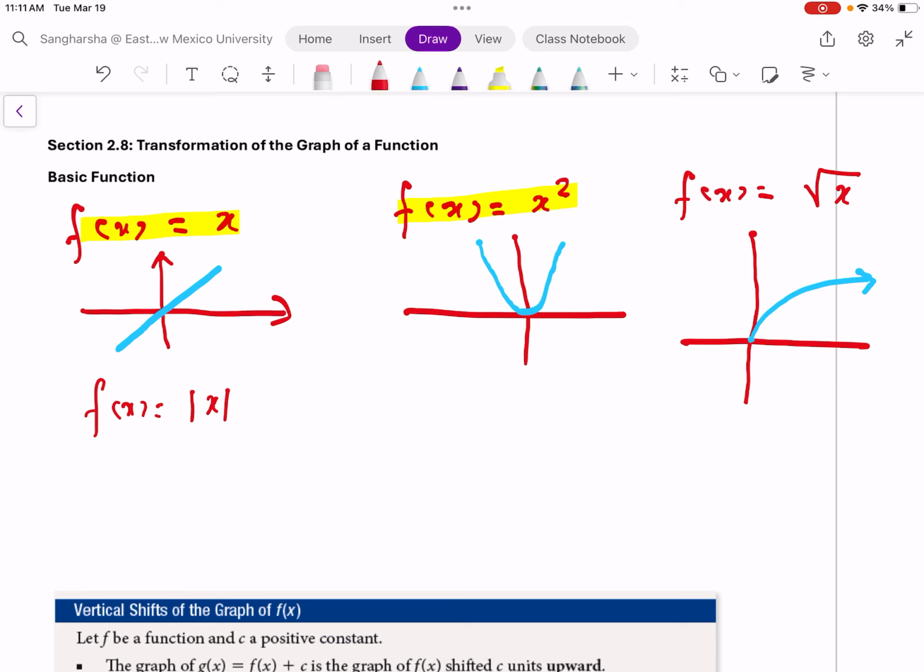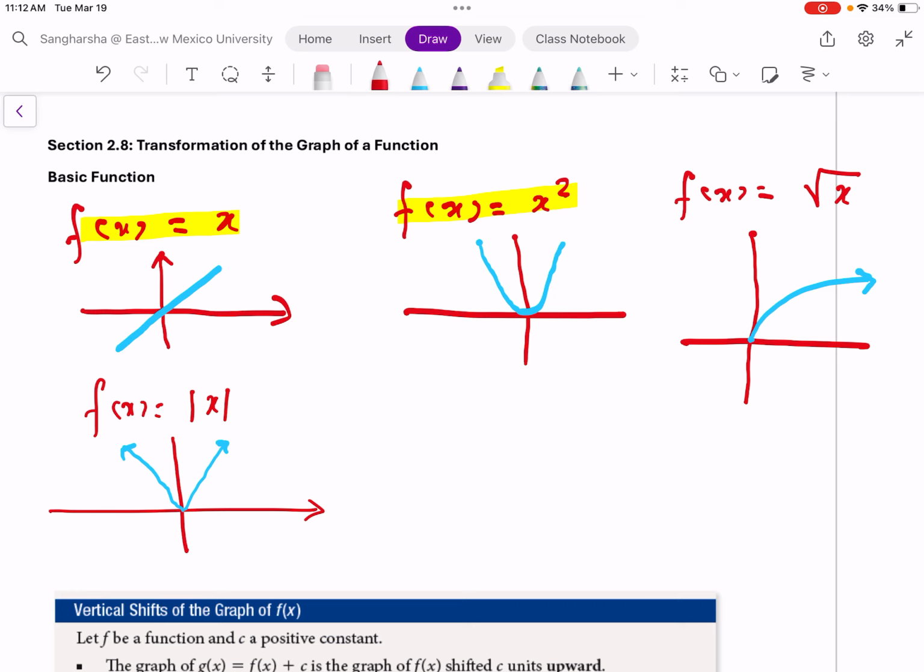Okay, and the graph of this function is a V shape. Now if we plot a graph for this function, we get a V shape. If we say square, we're going to have a U shape. If we say absolute value function, then we always get a V shape.